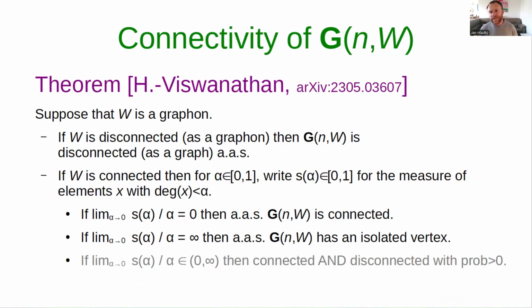And in some sense, these are the only potential reasons for disconnectivity in inhomogeneous random graphs. Okay. So this theorem covers, or is a counterpart to, these results of Gilbert and Erdős–Rényi.